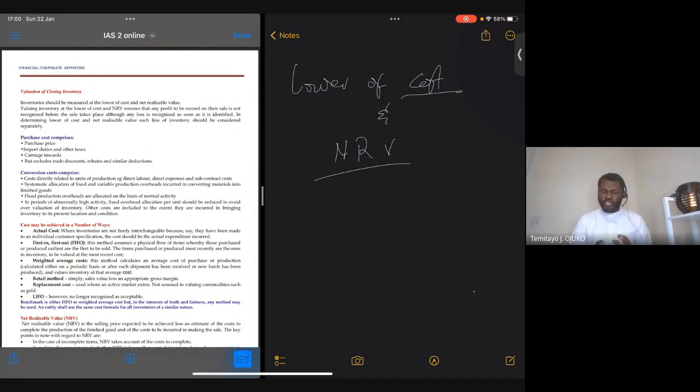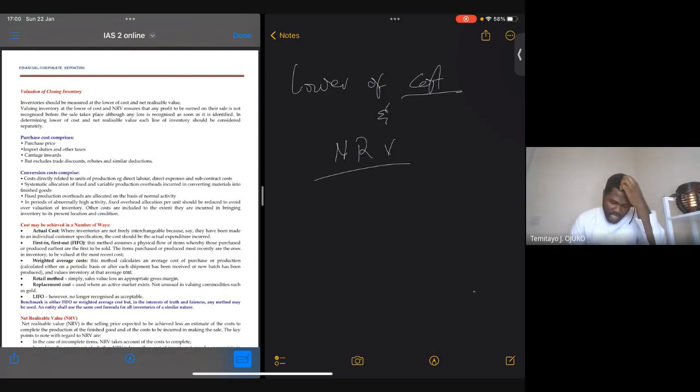Therefore, you should recognize the value of the inventory at the cost value. But in the other way, if it is the cost that is higher than the net realizable value, whether there's damage or anything, then you have to recognize your inventory at a lower value, which is going to be your net realizable value.